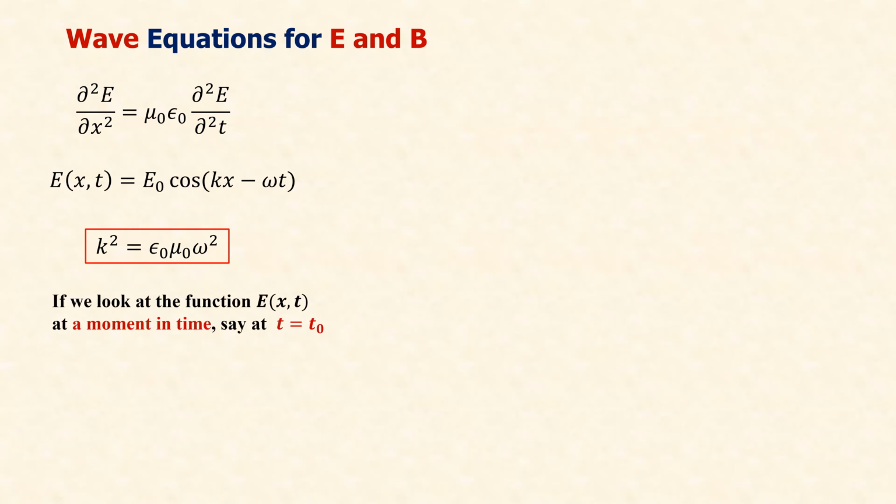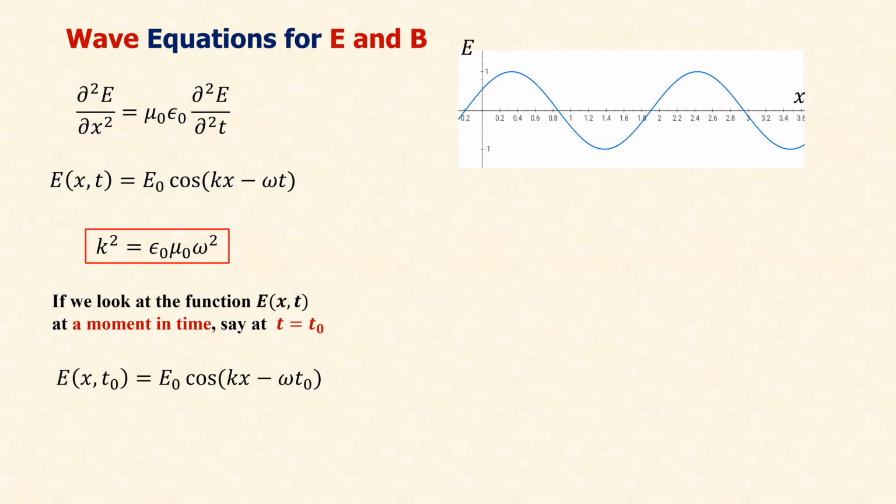Now we look at the function at a moment in time again, say at t equal to t naught, so we have E of x and t naught. It becomes a function of x again, like we did before. Now we want to see what happens if we look at this a little time later. Again, that's lambda.